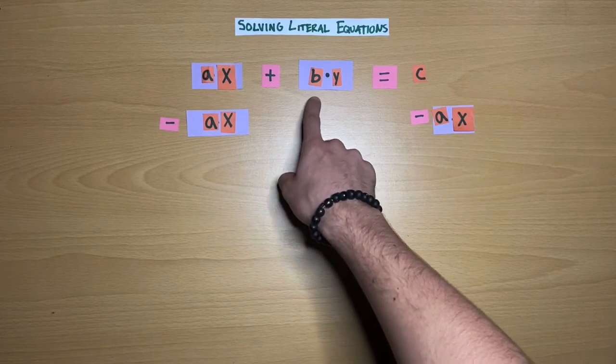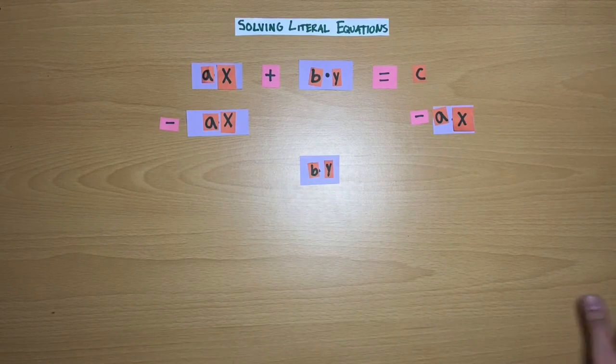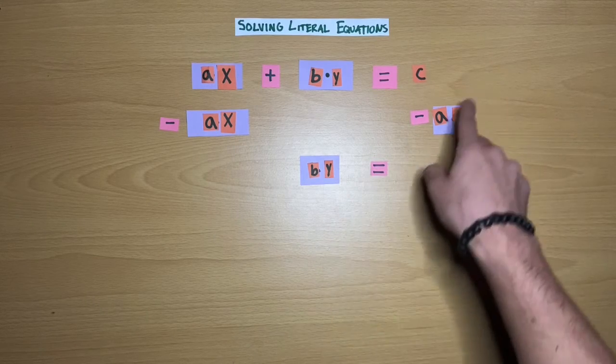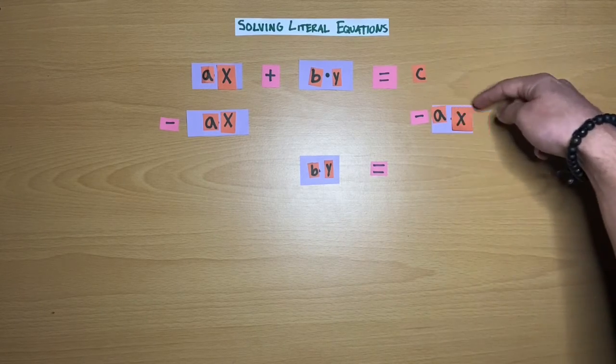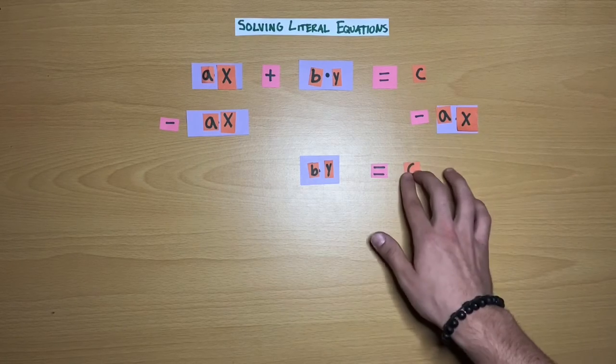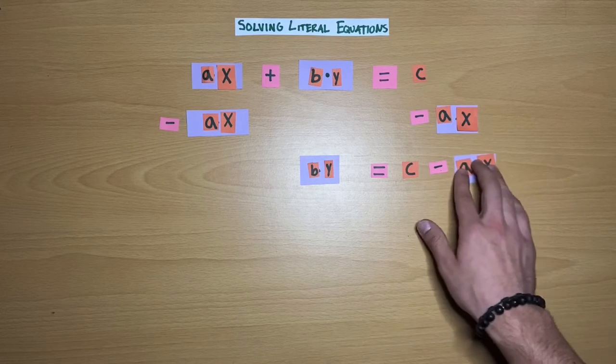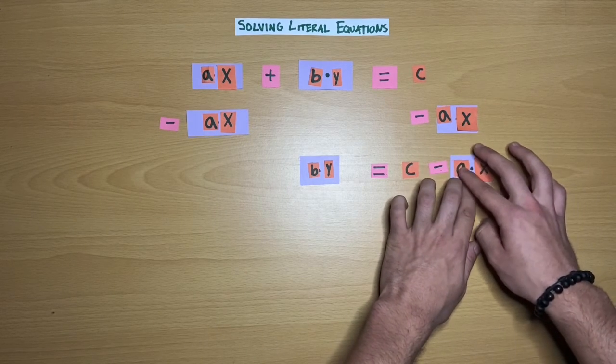And in doing so, we have by left over. And on the other side, we can't combine anything. These are all different terms. We have c and we have ax. So that'll just simply be c minus ax.